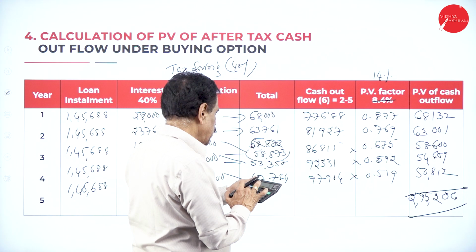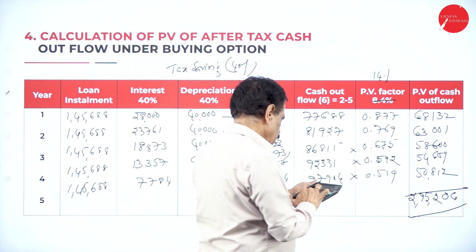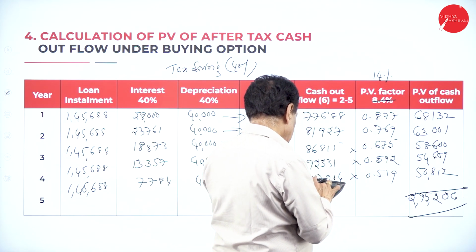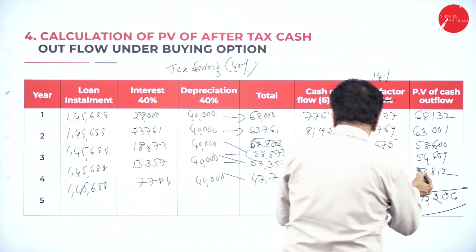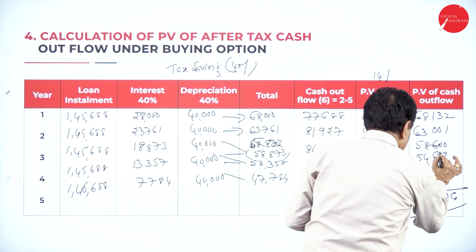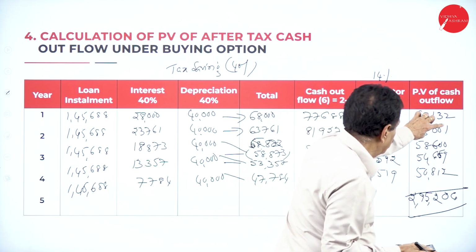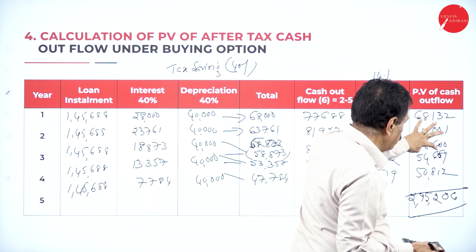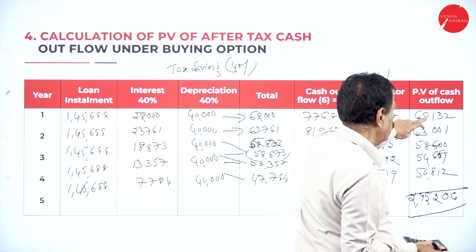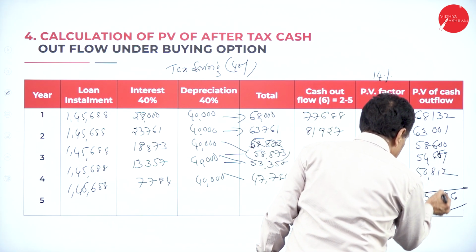Is it 92,331 into 0.592, 54,659. So 2 plus 1 is 3, 3 plus 9 is 12 plus 2 is 14, 1 plus 3 is 4, 4 plus 5 is 9 plus 1 is 10, 1 plus 1 is 2, 2 plus 6 is 8, 8 plus 6 is 14, 8 is 22.